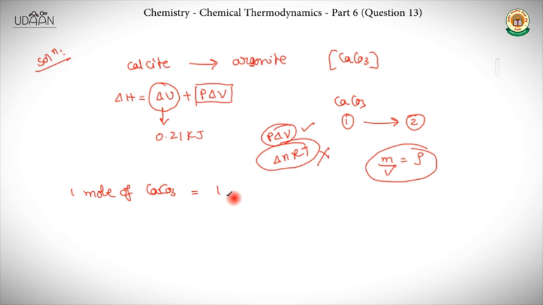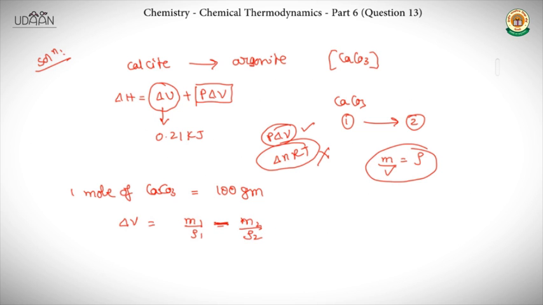So the weight of that is 100 grams. So we know the mass and we need to find out V. So delta V equals M1 by rho 1 minus M2 by rho 2.